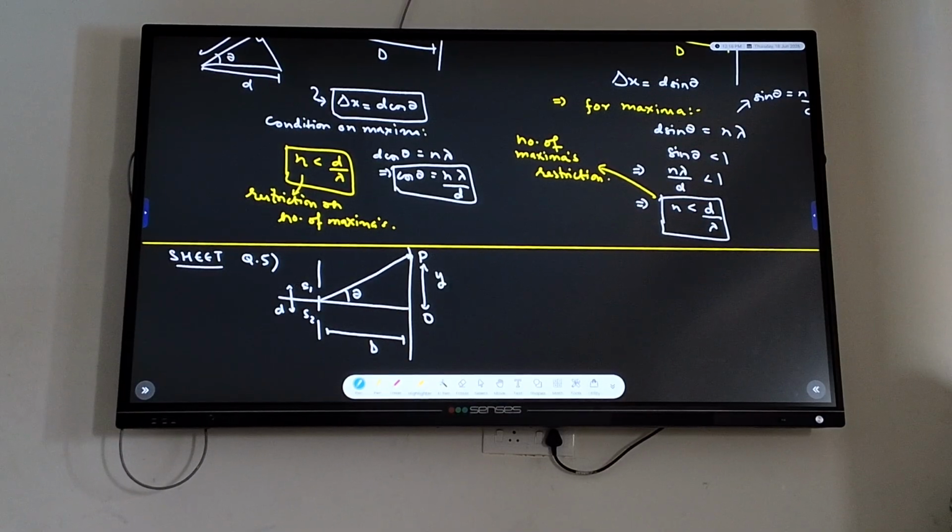Should I start with the question? 11 minima is incorrect.